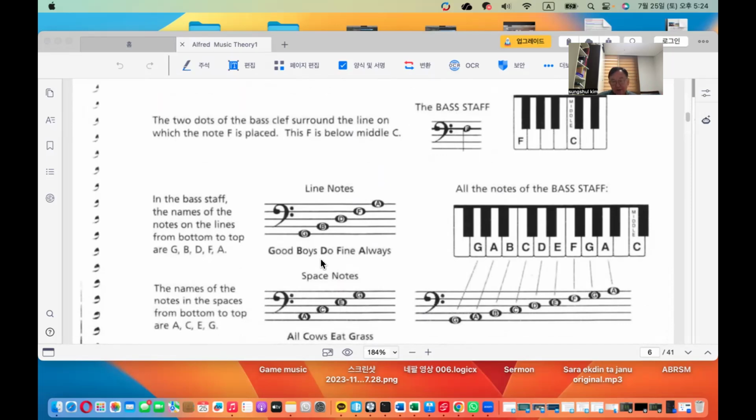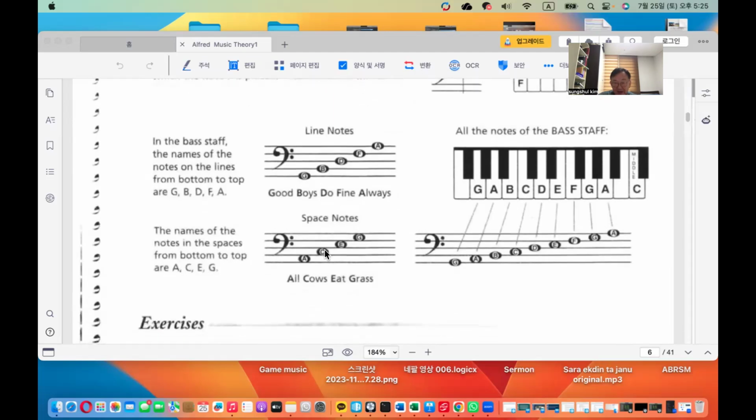How to remember each music note name? This good example: Good Boys Do Fine Always. The first letter is the music note name: G, B, D, F, A. How to remember the space note names?